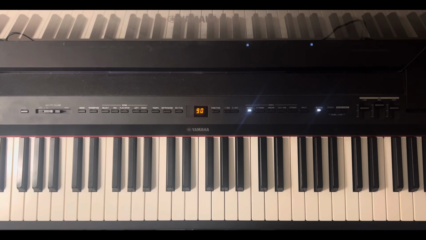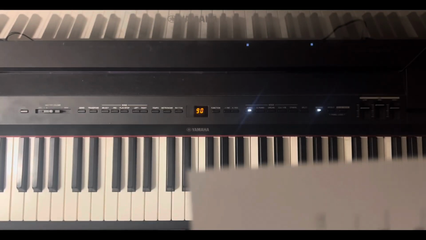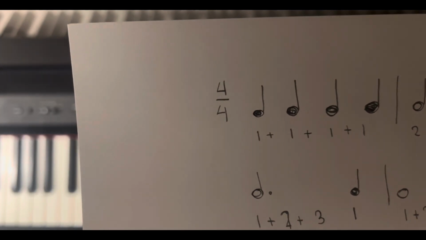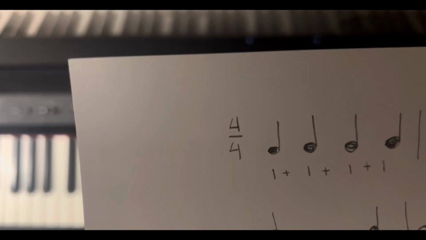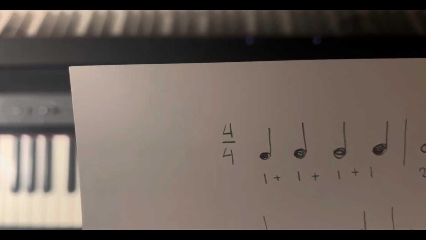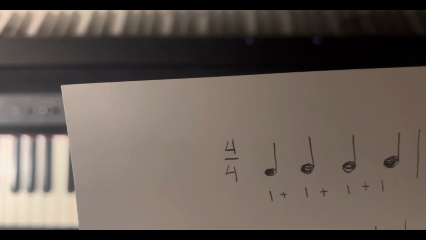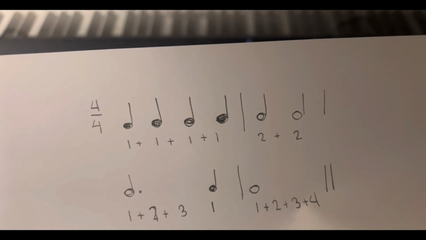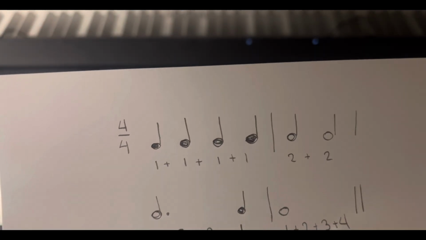The top number tells us how many beats there are in a measure. Measures are groups of notes separated by bar lines.